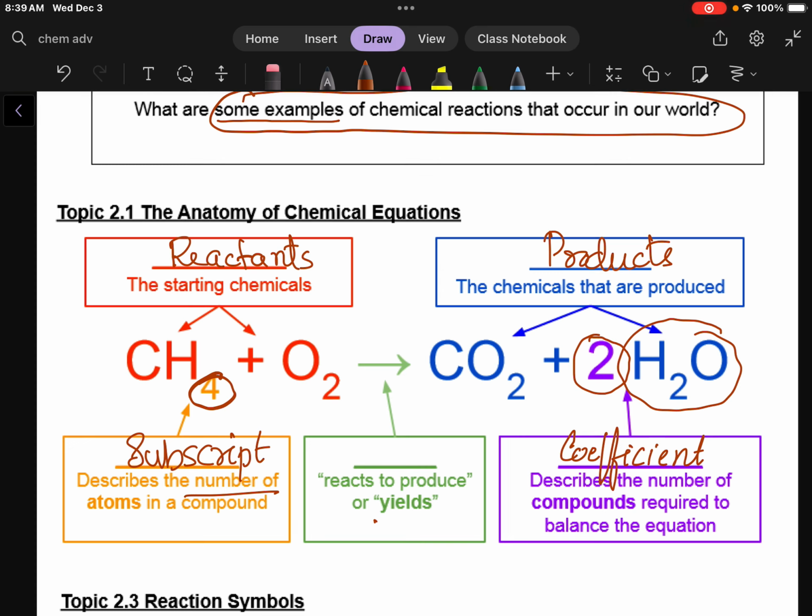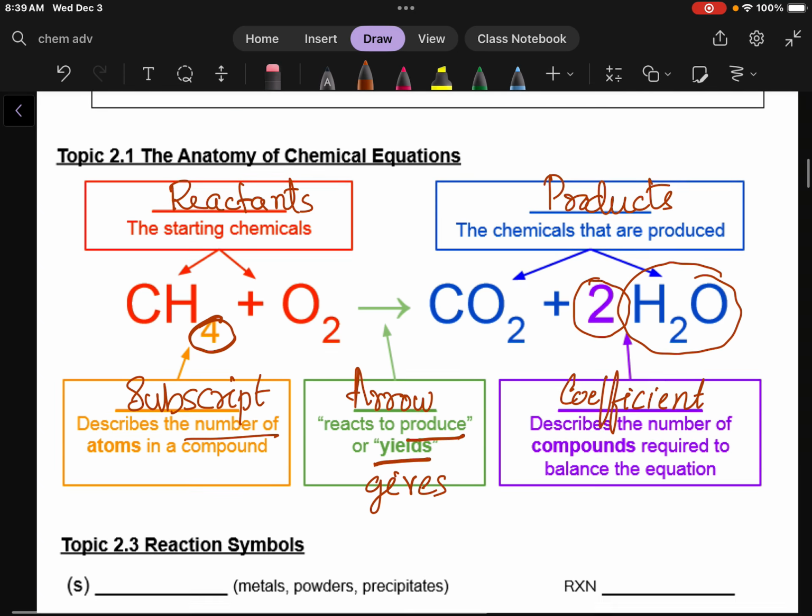So this is the only one we can change during balancing, okay? And this is called arrow, it shows the direction of the reaction, or it will read as yield or produce or gives. You can use all this terminology for interpreting that one, okay?